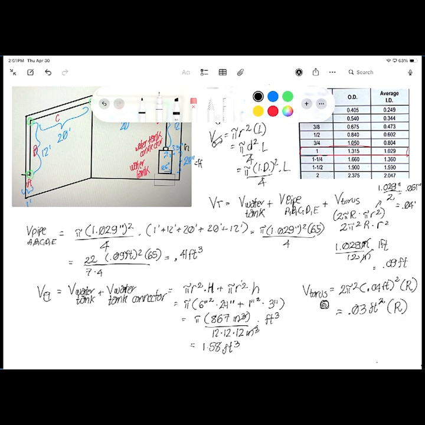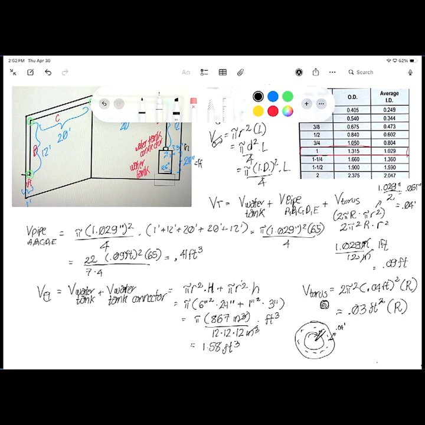And so r, we're going to make the assumption that because it's a connector that looks like this, we know that this is 0.04 feet. And so we're going to make the following assumption. We're going to say that the distance between here and here, and here are the same.